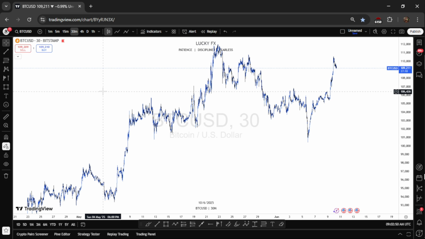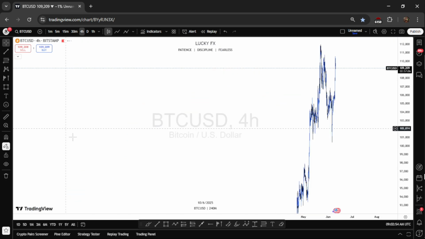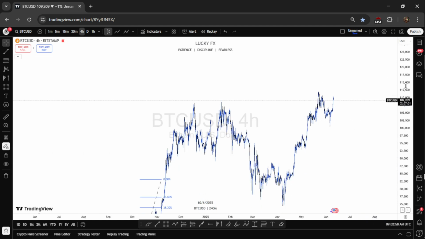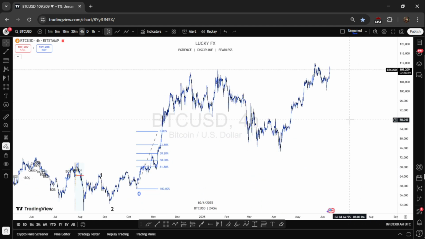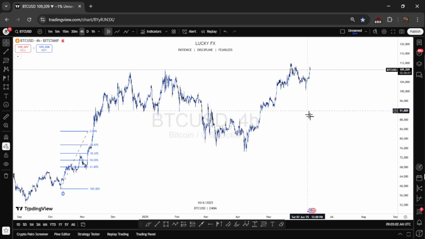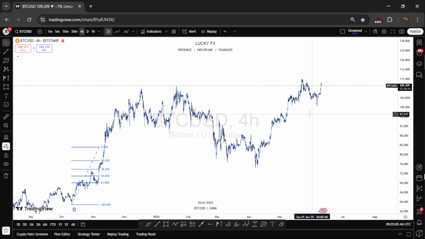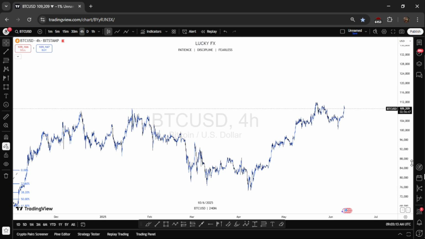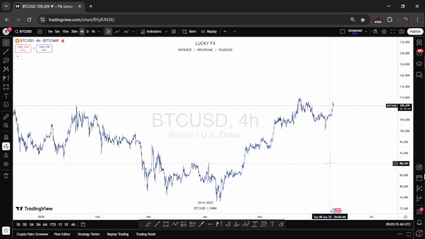So welcome again. Let me go to the 4-hour time frame and let's see what was happening in the market, right? Lately we could see that price was really bouncing high, creating new highs, new lows, breaking highs.